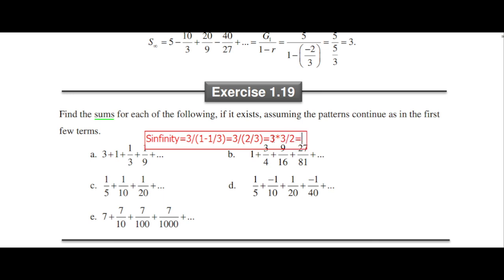So this is equal to 9 over 2. This is the sum of this geometric series.